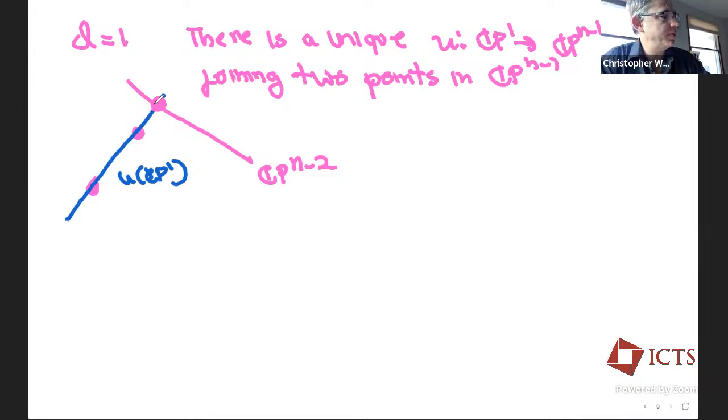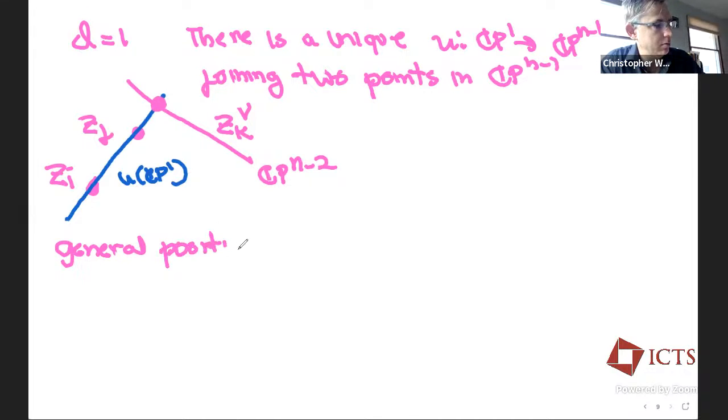Okay, so let's suppose that this is Zi and this is Zj, and the hyperplane is the Zk dual. You notice here that the Zi and the Zj are the same cycle, but I said you have to take general position in order to define these numbers. Whatever cycles you start with, you have to take a generic perturbation in order to get the right count.